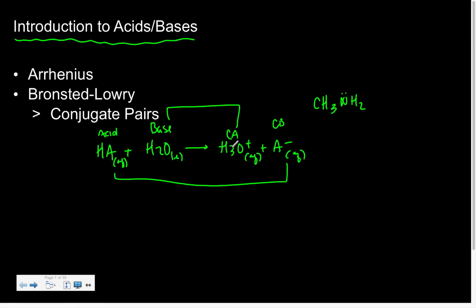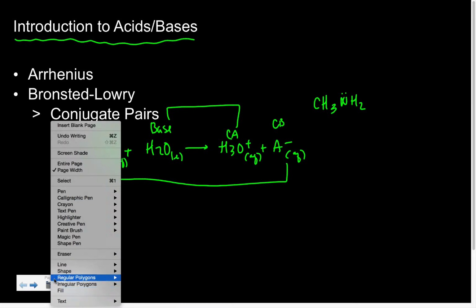The definitions are the same: the acids are the protonated forms, the bases are the deprotonated forms, and the pairs are the pieces that go together. So for example, it would not be okay to say that this is our acid and this is its conjugate base, because that's not true. This is not a pair. They don't revolve around the same thing.